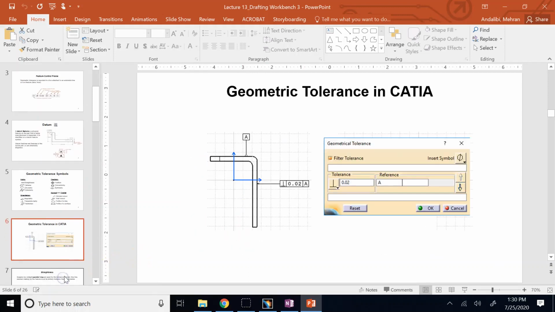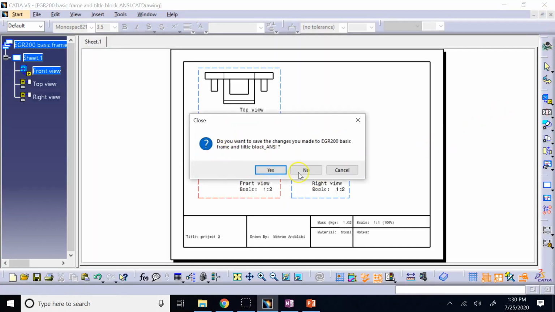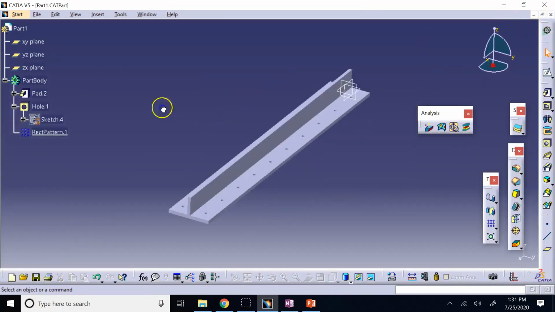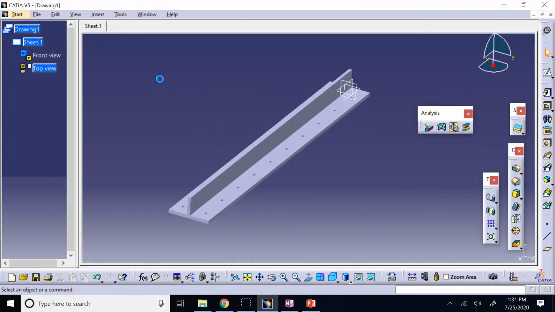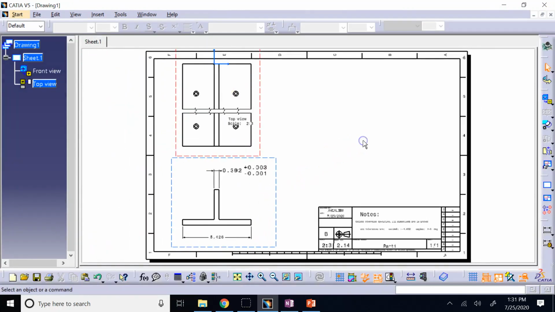So how do I do that in CATIA? To do that in CATIA, let me see if I can bring back the T-beam. There we go. In here, I want to use the bottom surface as my reference.